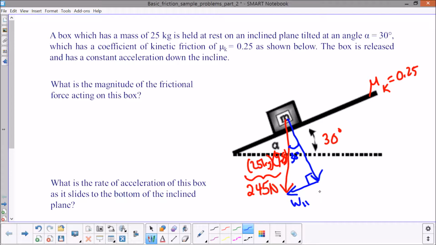So the parallel component of the weight will be 245 newtons times the sine of 30 degrees, which is 122.5 newtons. The perpendicular component of the weight is 245 newtons times the cosine of 30 degrees, which is 212.176 newtons.